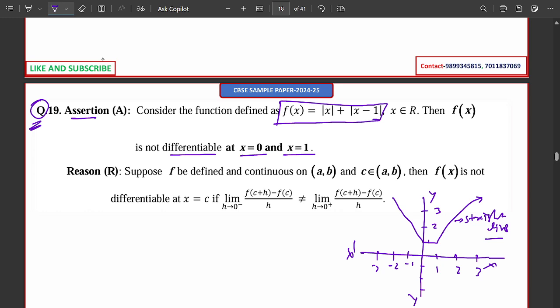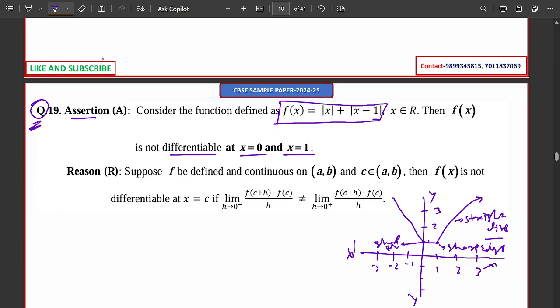So this point is also a sharp edge, and this is also a sharp edge. And we have already discussed that a graph of any function that has a sharp edge will not be differentiable.